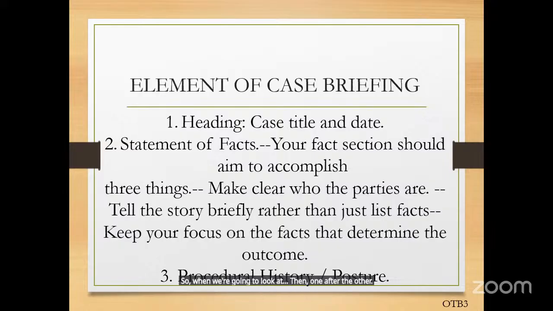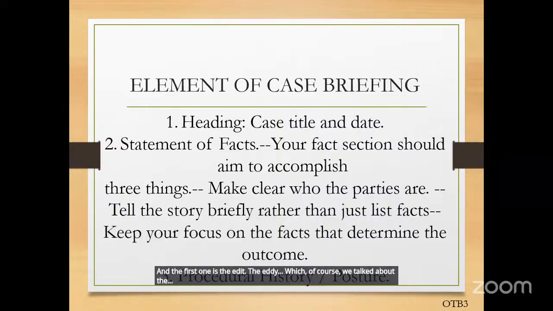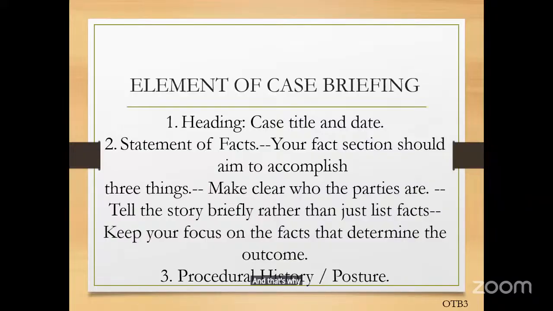And the first one is the heading. The heading, which of course is the case name, helps in identifying the parties. And that's why most times when we are citing cases in court or to back up a legal argument, we mostly use the names of the parties.